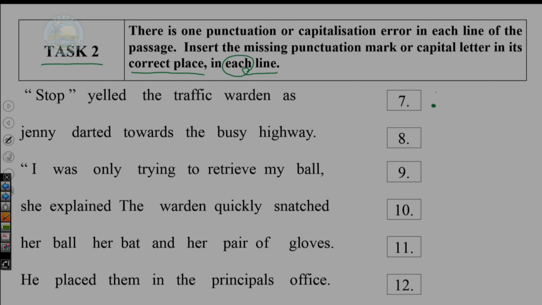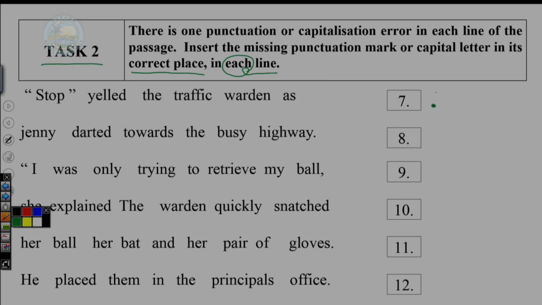First line, number 7. "Stop," yelled the traffic warden as Jenny. What capitalization or punctuation mark is missing here? Got it? After the word stop, we put in a punctuation mark.